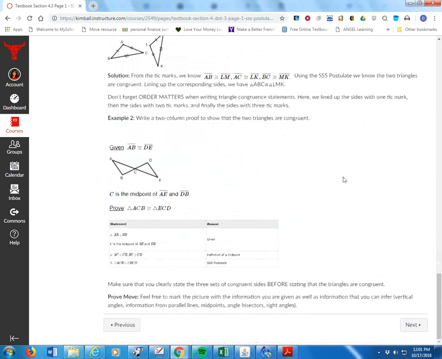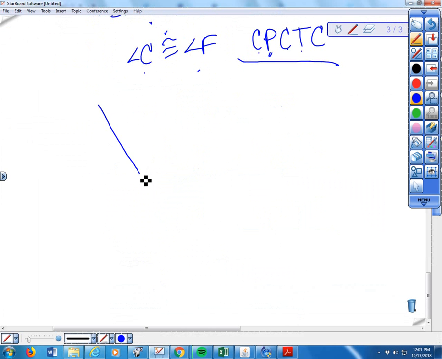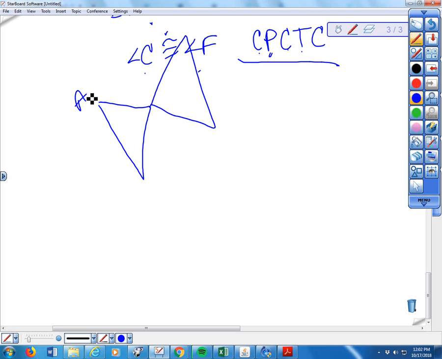Here's an example of a proof involving two triangles. We're given that AB and DE are congruent. I'm going to draw this. I've got to connect them somehow. I don't know what they labeled them as.